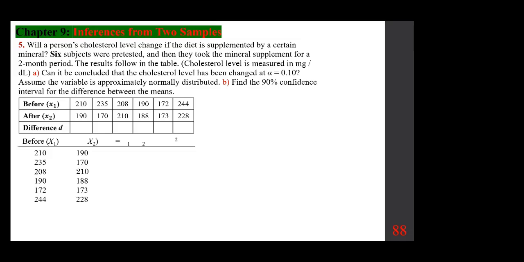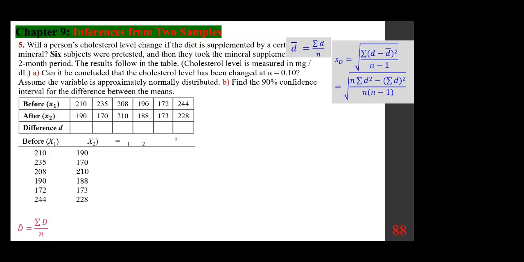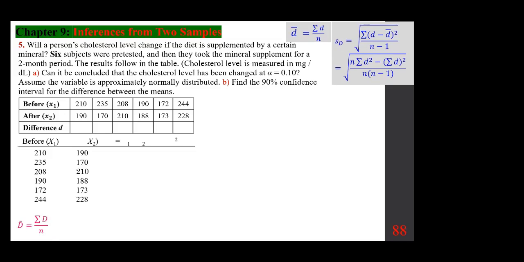What do I mean by that? You normally don't do something like this by hand, but let's quickly look at it if we were to do this by hand. First of all, d bar is summation of d over n, and s sub d is summation of d minus d bar quantity squared over n minus 1, take a root. This is the same formula we have seen for x.